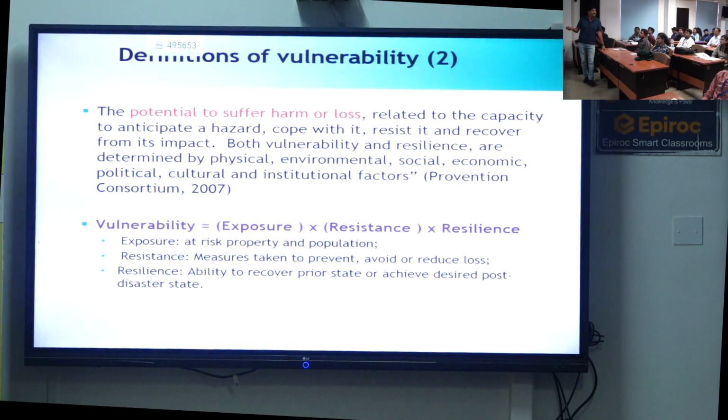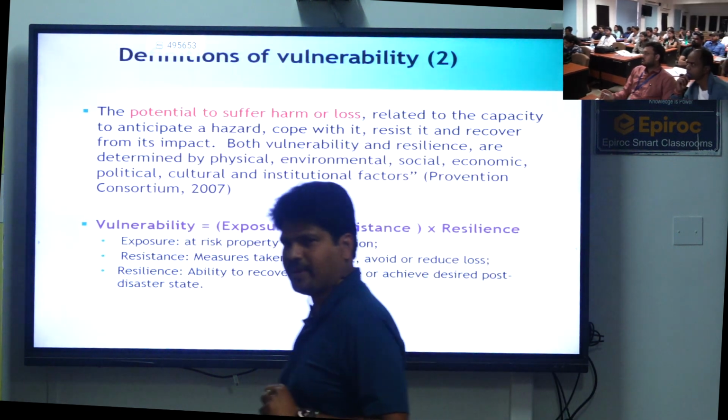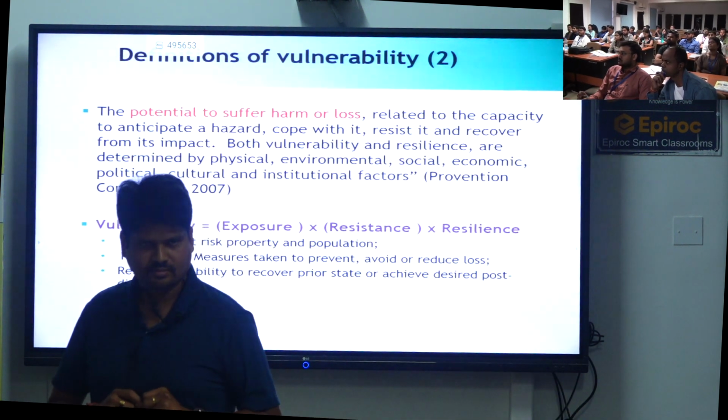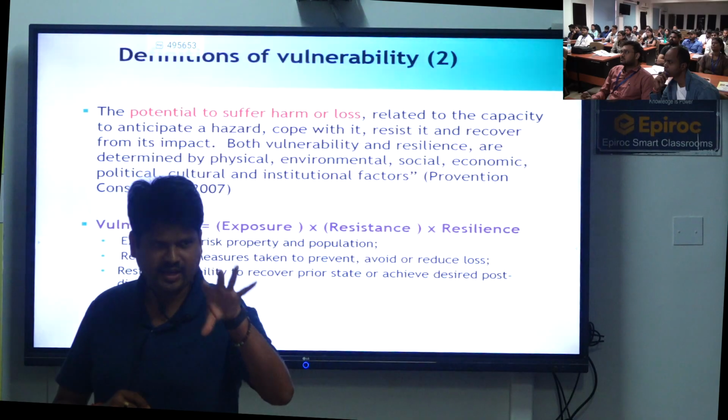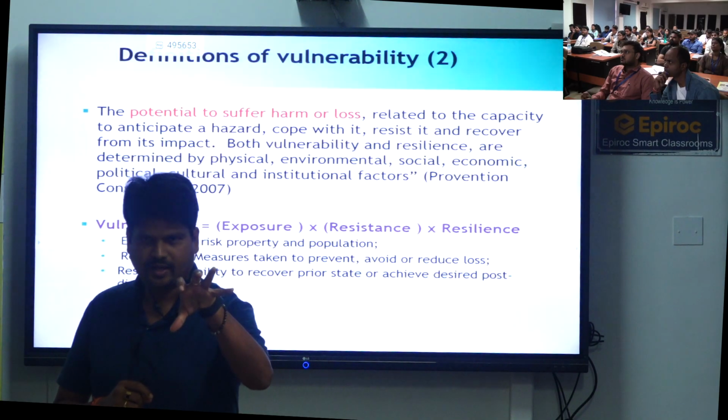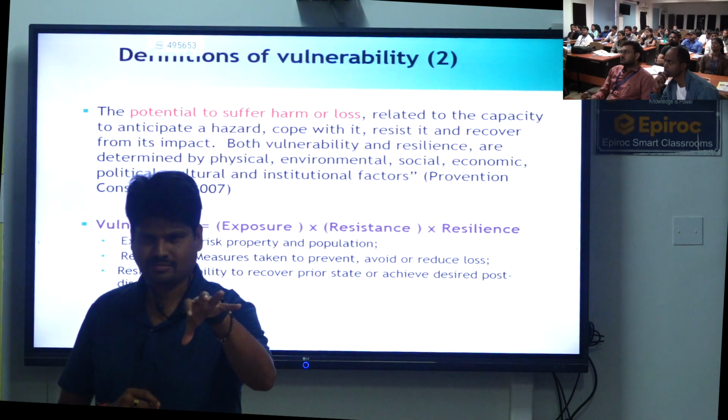Now, if you want to define it mathematically, vulnerability becomes exposure multiplied by resistance multiplied by resilience. Exposure is the risk to property and populations. Imagine we have prepared a hazard map. Now we simply drag the element at risk on top of it.